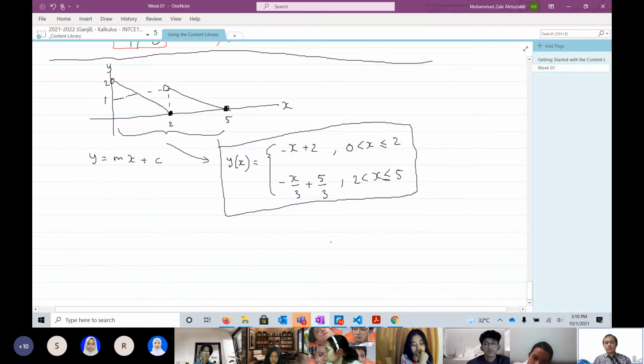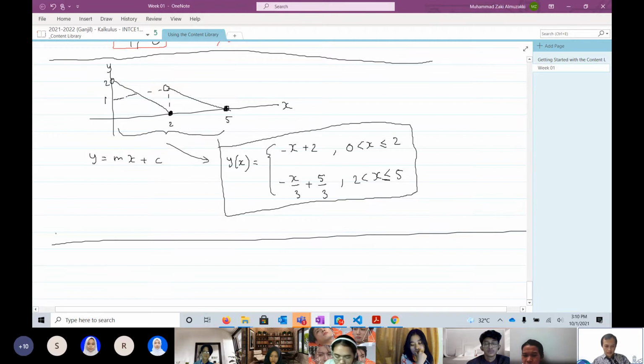Another example that I want to show you is, let's say we have a plot that looks like, where's my pen? There. If we have a plot like this over this interval, what do we say?